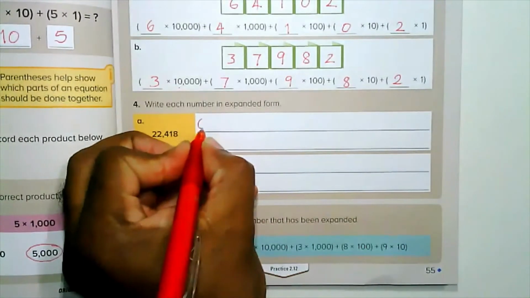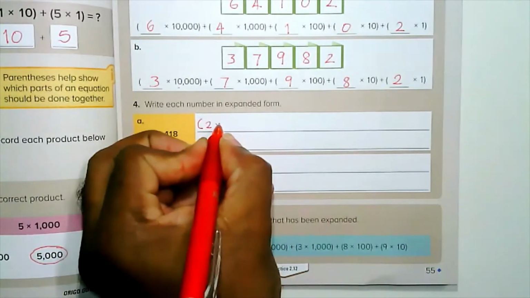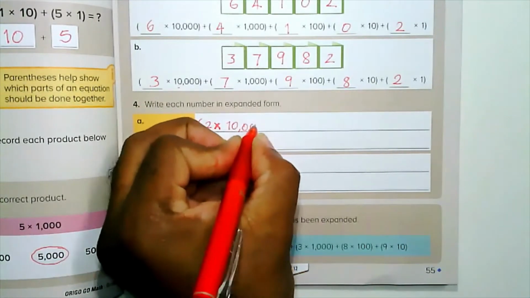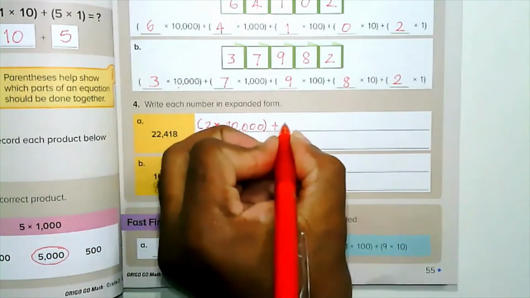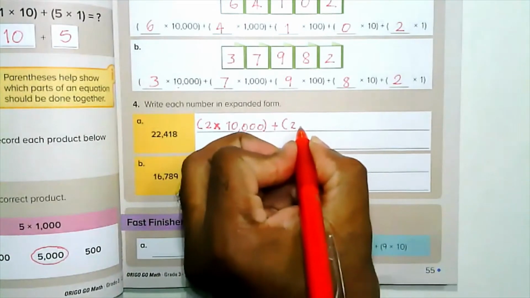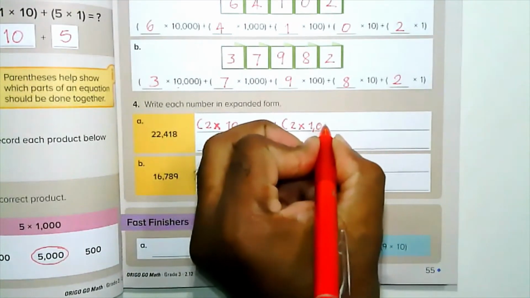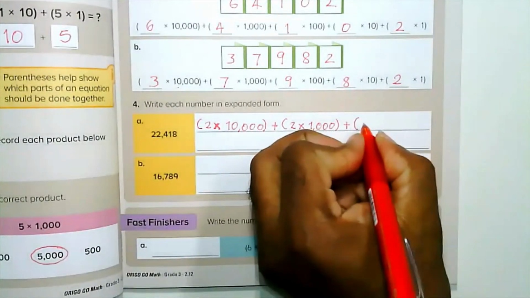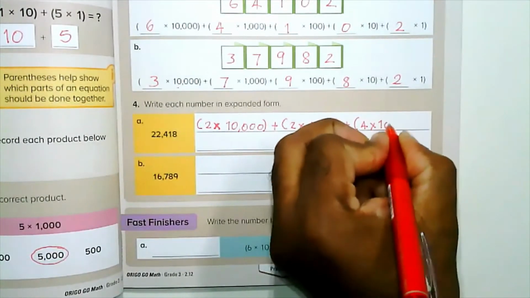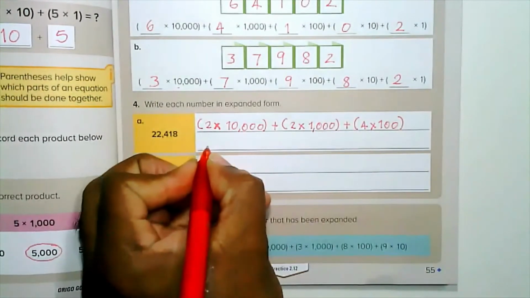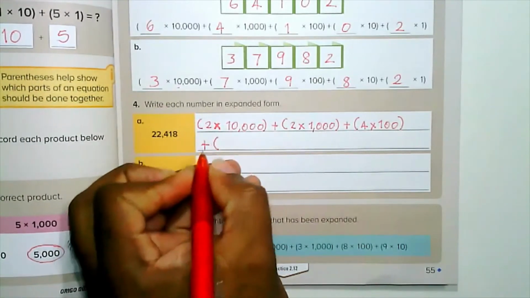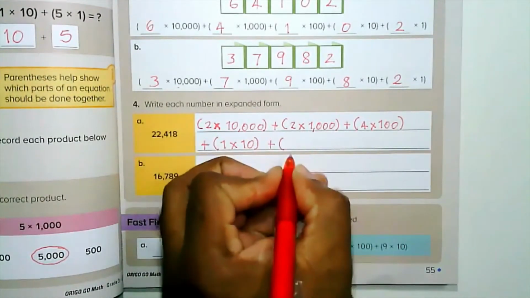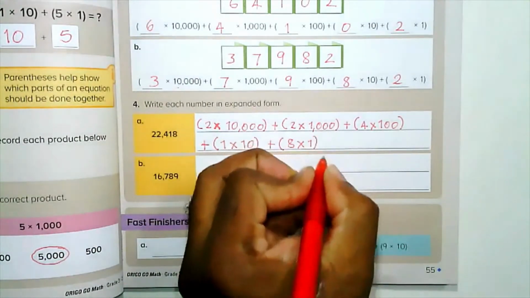We're going to use the parentheses. 2 times 10,000, close parenthesis, plus open parenthesis 2 times 1,000, open parenthesis 4 times 100, plus 1 times 10, 8 times 1. There you go, folks.